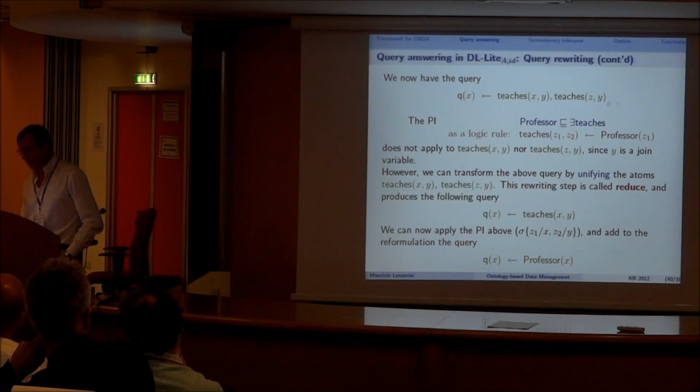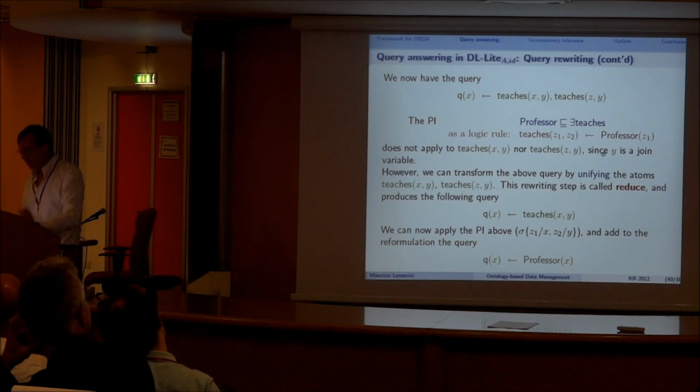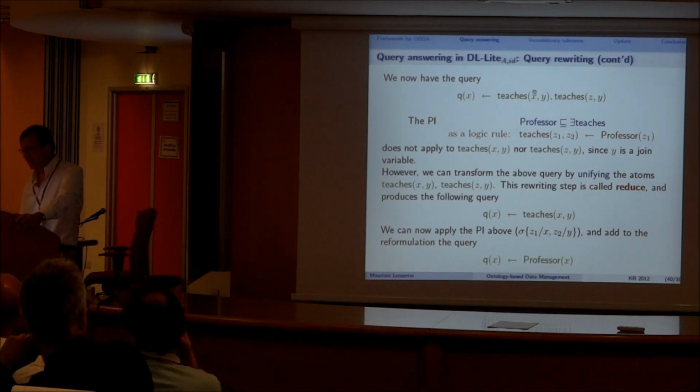Now, this does not apply to our conjunctive query, because y is a join variable, and so I cannot rewrite neither the first atom teaches, nor the second one. On the other hand, if we now unify these two atoms, we get the new query teaches xy, and then I can apply the rule and rewrite the original query into professor.